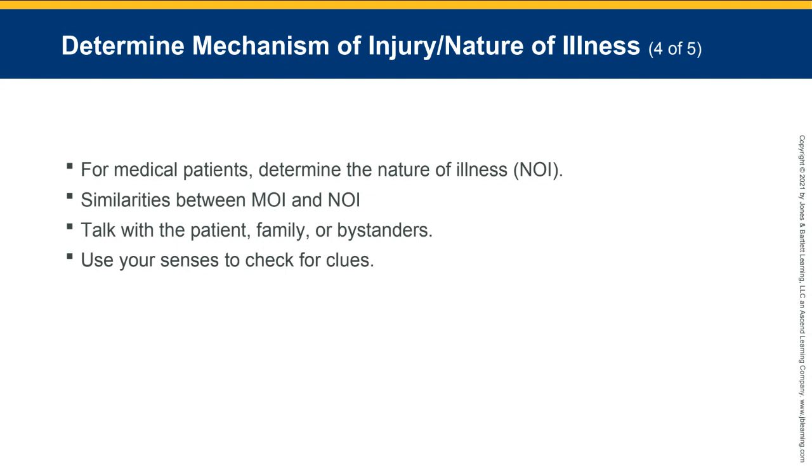However, if the information that you're getting from family members or bystanders is not appropriate, then you now have to focus on your ABCs and focus on the entire patient. And you need to include a few important vital signs. So you have to pay attention to the pupils.